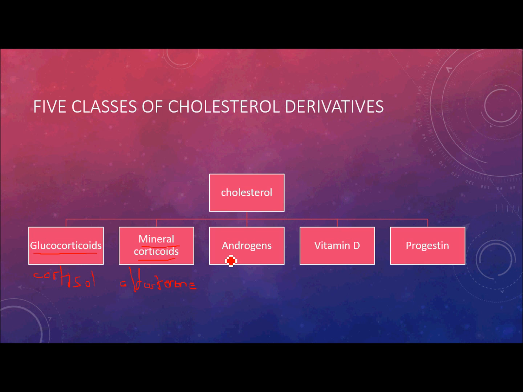Androgens are testosterones and estrogens. They are actually precursors for these two hormones, and also estrogen is an end product from testosterone in females.